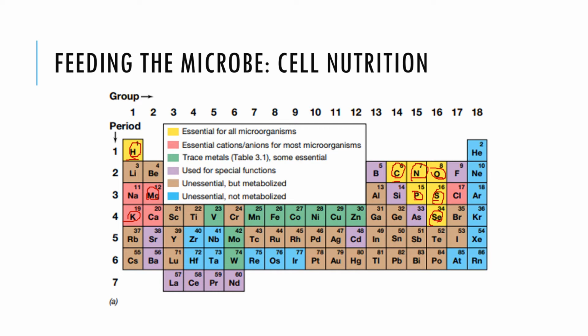In addition to this, at least 50 other elements either are required by one or more microorganisms or, if not required, are still metabolized in some ways. Elements in row 7 are not known to be metabolized by microorganisms, and elements beyond that.